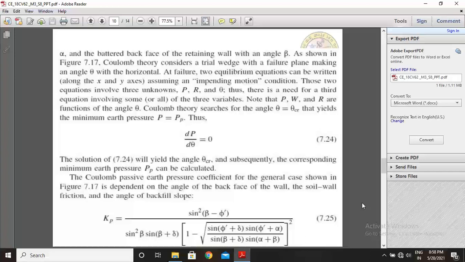This is the equation you should remember to calculate Kp with the soil wall friction and the angle of backfill slope. This is the most important equation you should remember to calculate the coefficient of passive earth pressure.